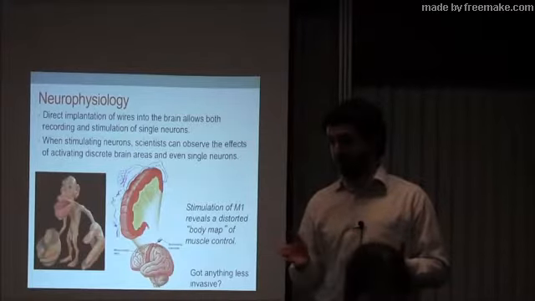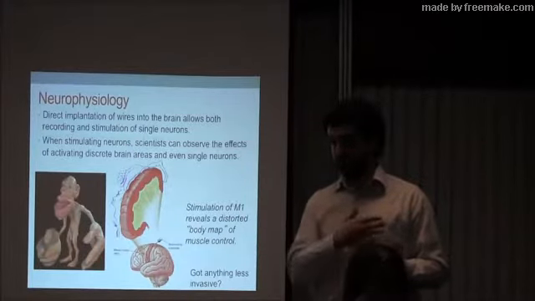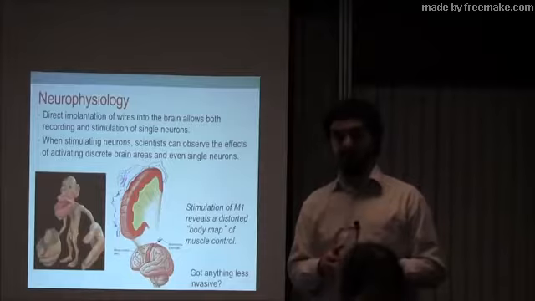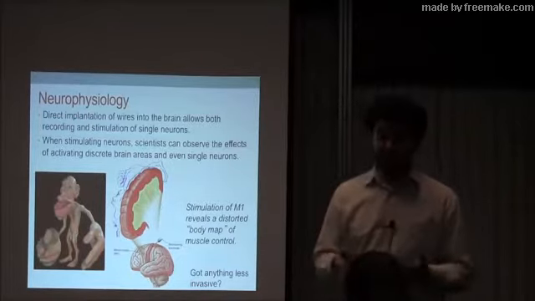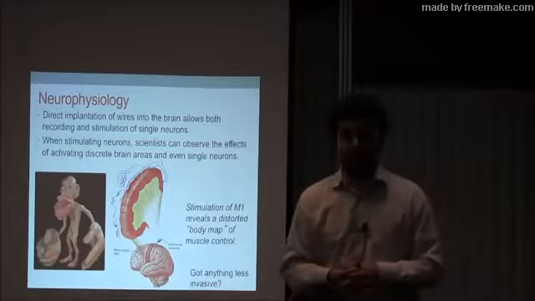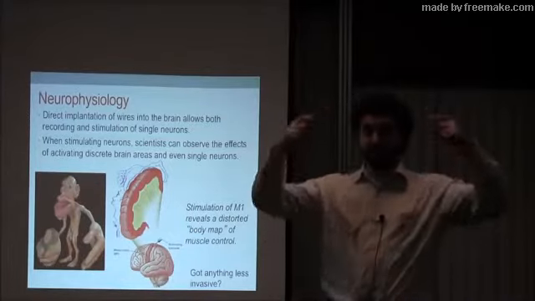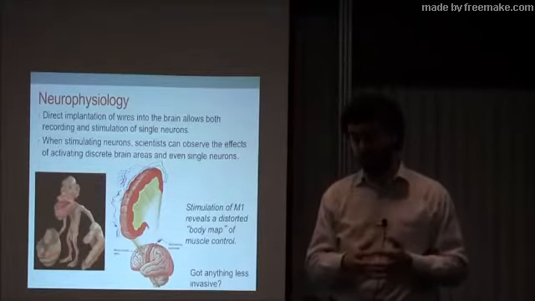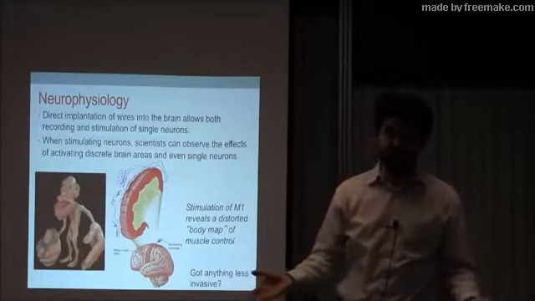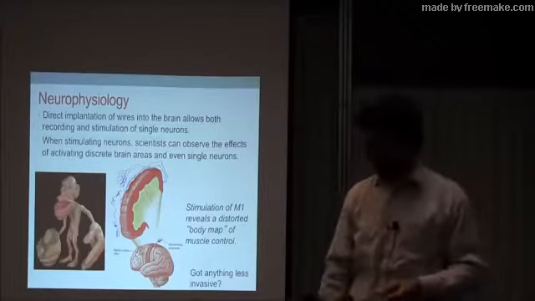What else in the body uses electrical signals? The heart. How do we record activity of the heart? EKG, electrocardiogram. Well, if we place electrodes on the scalp, can we get electrical activity of neurons? The answer is yes. What do we call this?